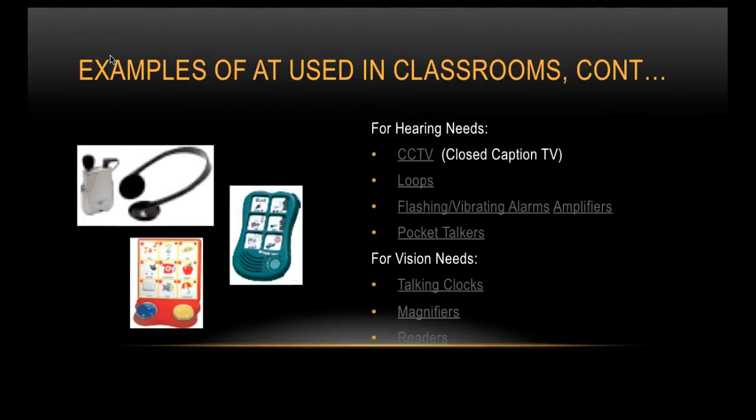For children with hearing needs, you have closed caption TV, loops, flashing, vibrating alarm amplifiers, and pocket talkers. And for children with vision needs, you have talking clocks, magnifiers, and readers.